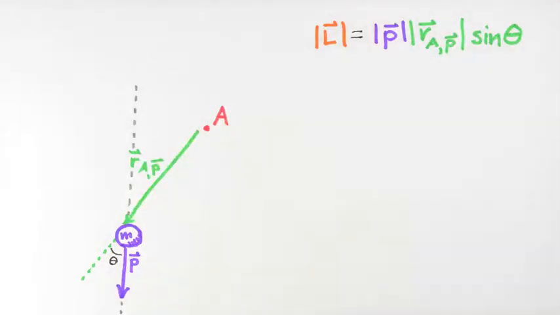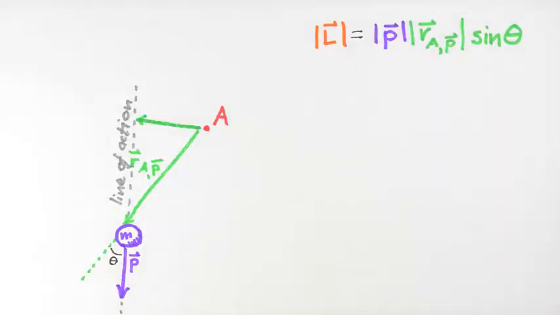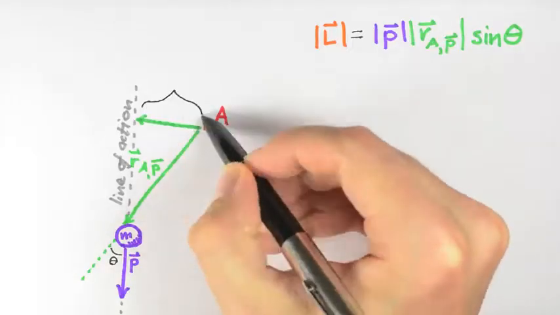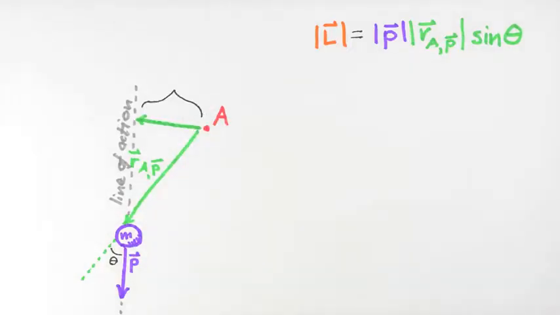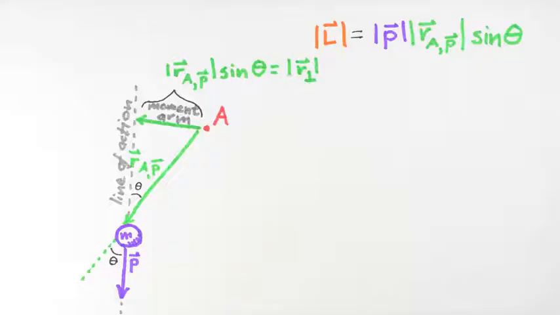This line is called the line of action. The distance of closest approach of the line of action to the axis, or, in other words, the shortest distance from the line of action to the axis is just the magnitude of r sub a p times sine theta. This length, r perpendicular, is the moment arm of p about the axis a.